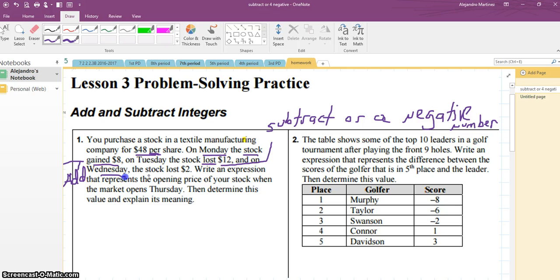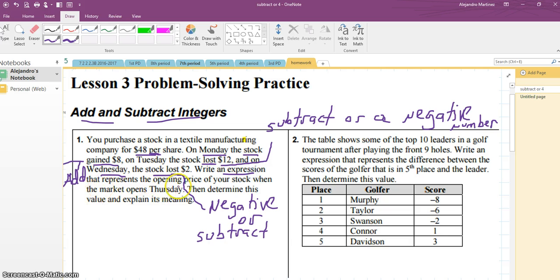And then on Wednesday, the stock lost. So again, loss is negative or subtraction or subtract. Okay, so we are talking about add and subtract integers. Write an expression that represents the opening price of your stock when the market opens Thursday.